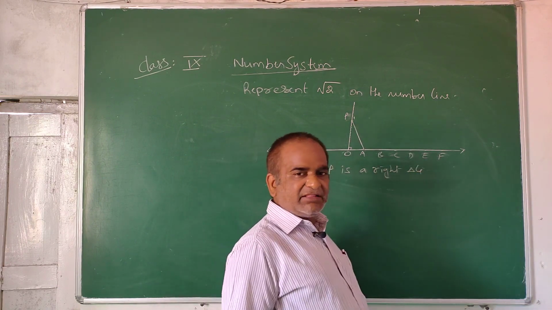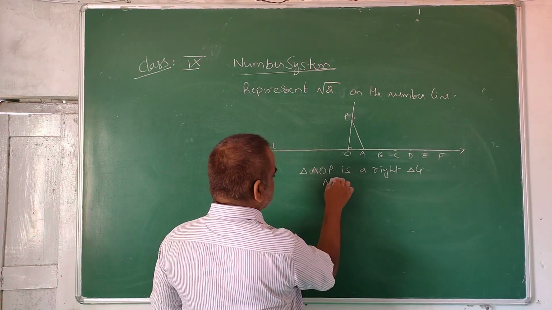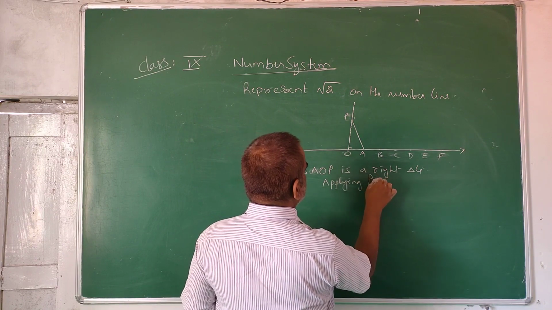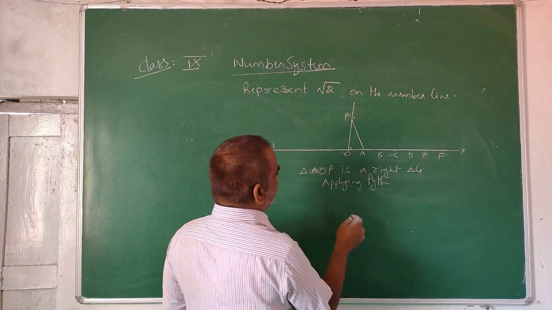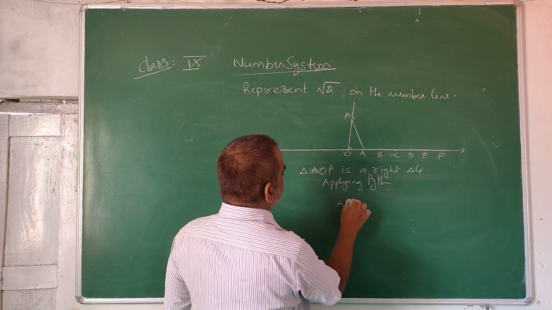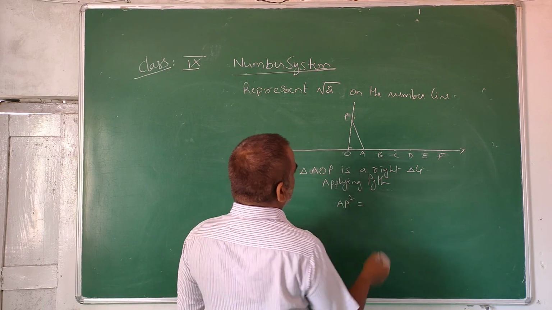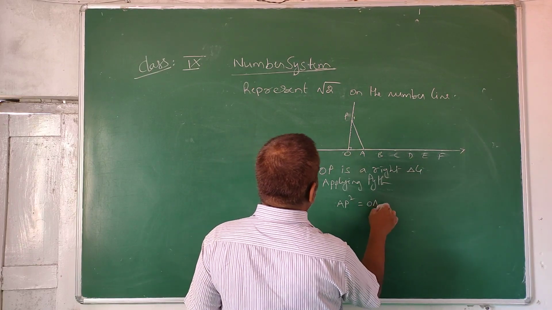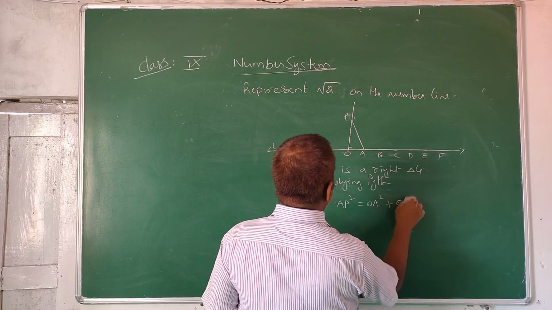Therefore, applying Pythagoras theorem, you have AP square is equal to OA square plus OP square.